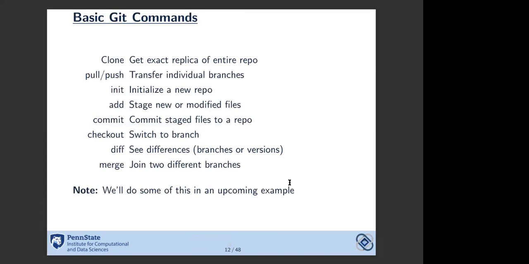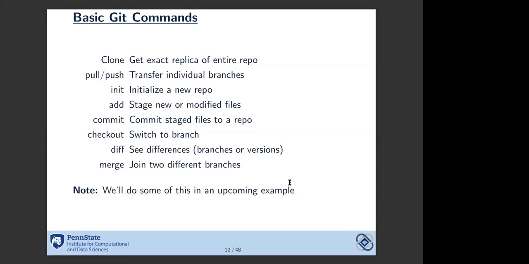Some basic Git commands that we'll run today. Clone is making a copy or exact replica of a repo. Pull and push is how you take your changes and make them available. If you make changes locally and you want to make those changes at a remote location, you use push.